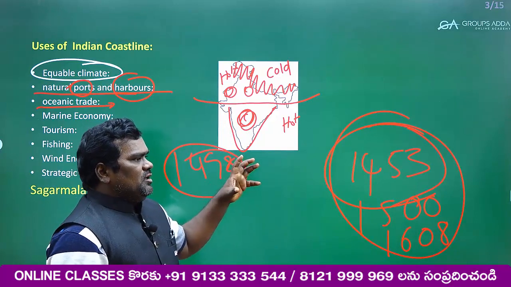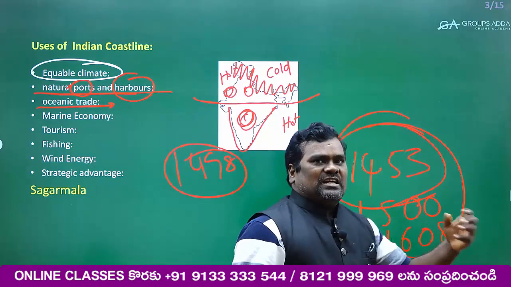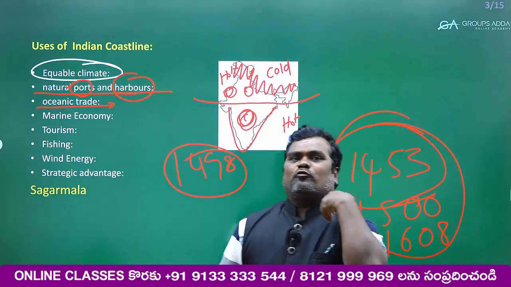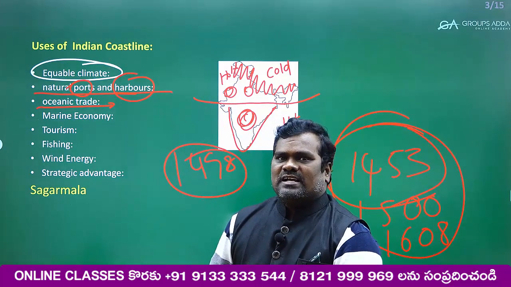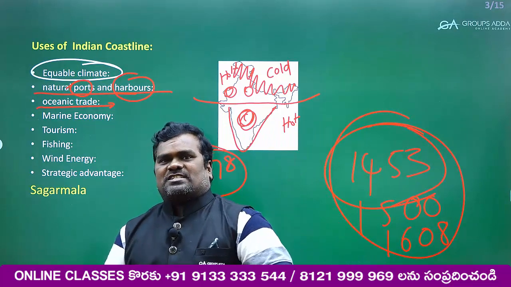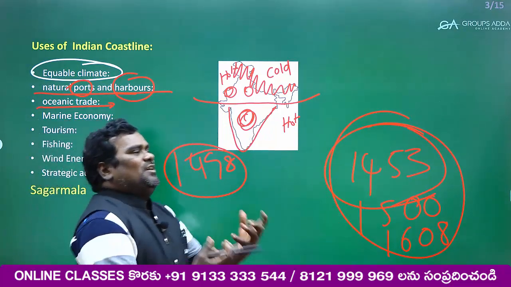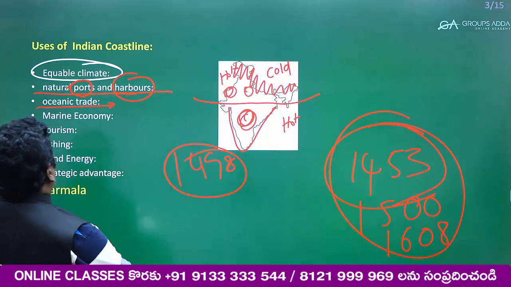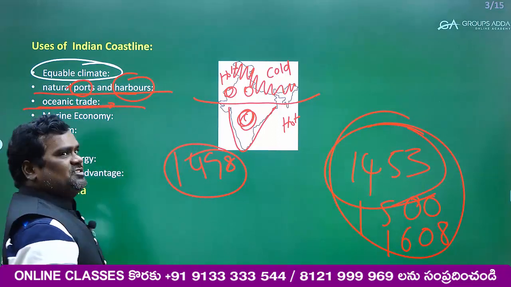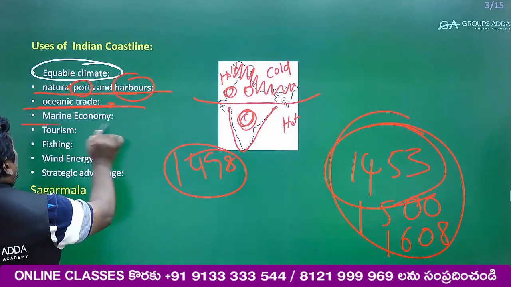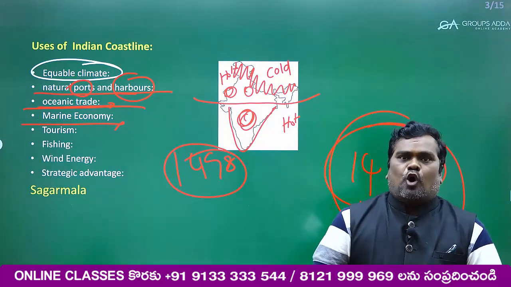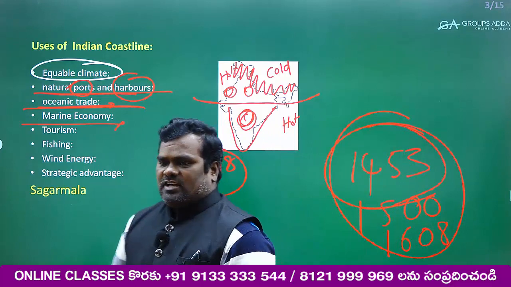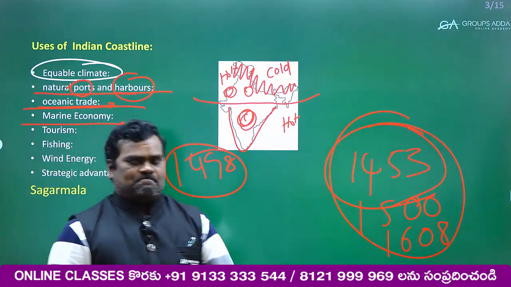So, we can transport any kind of goods through ships. Isn't it? Yes, we can do such kind of business. We can earn more and more money through oceanic trade. Yes, marine economy. My dear friends, if we have a seashore, we can catch fish.